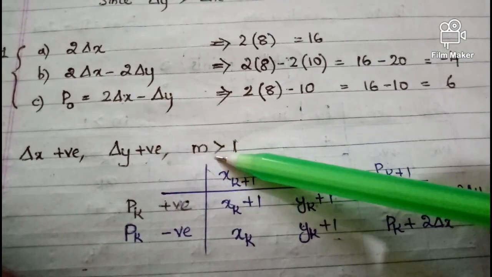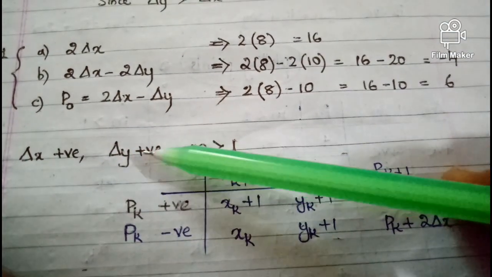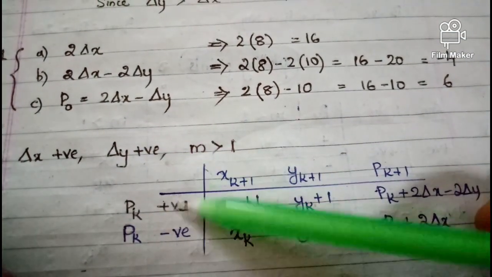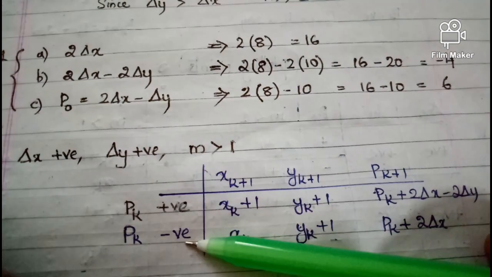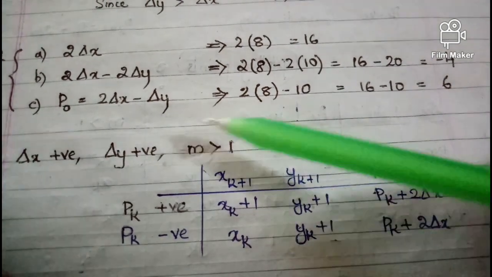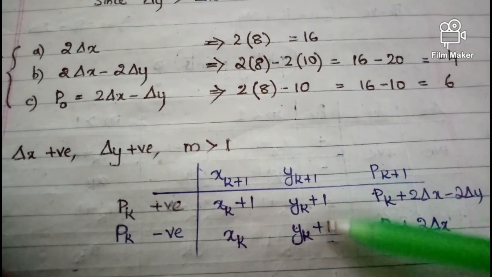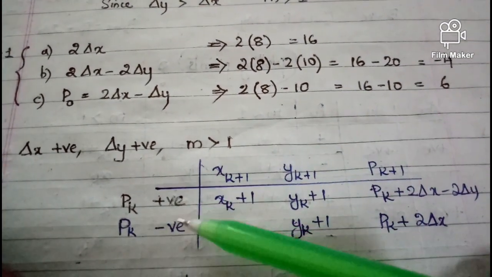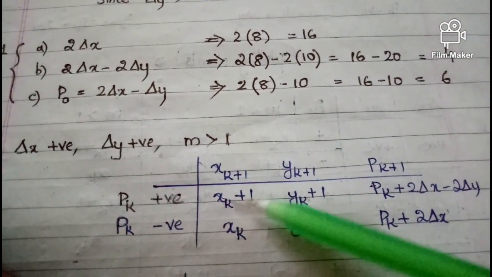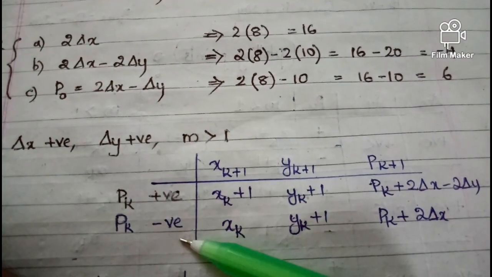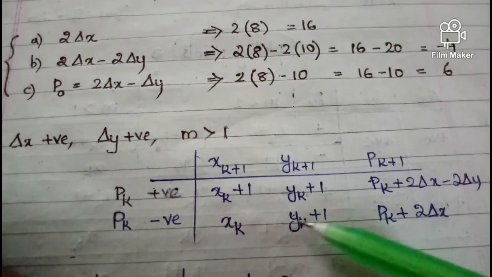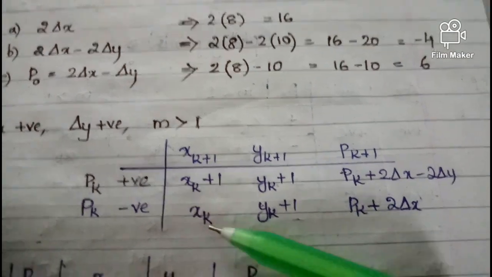In m greater than 1 case, y will always change irrespective of these two cases. So whether pk is positive or negative, y will change. How? Since delta y is positive, in both these cases y will increment. So the points are identified. When pk is positive, x and y will increment, and when pk is negative, only y increments, x remains same.